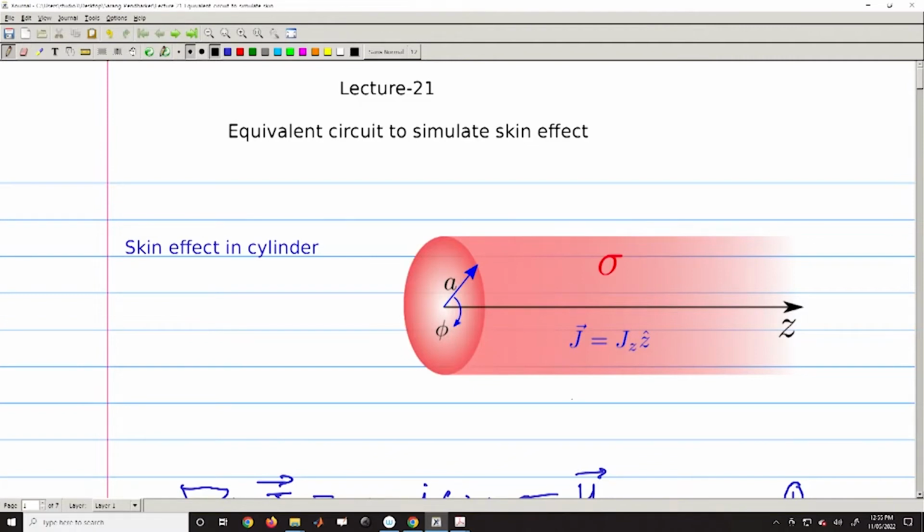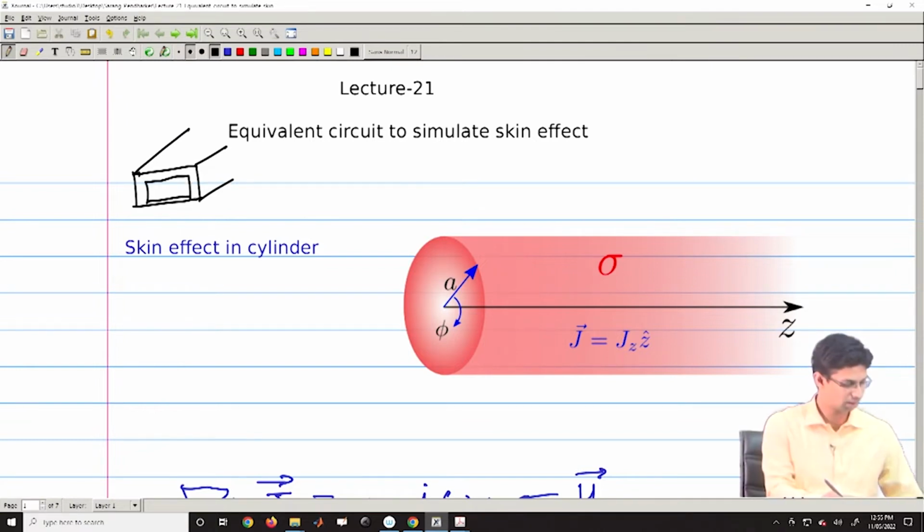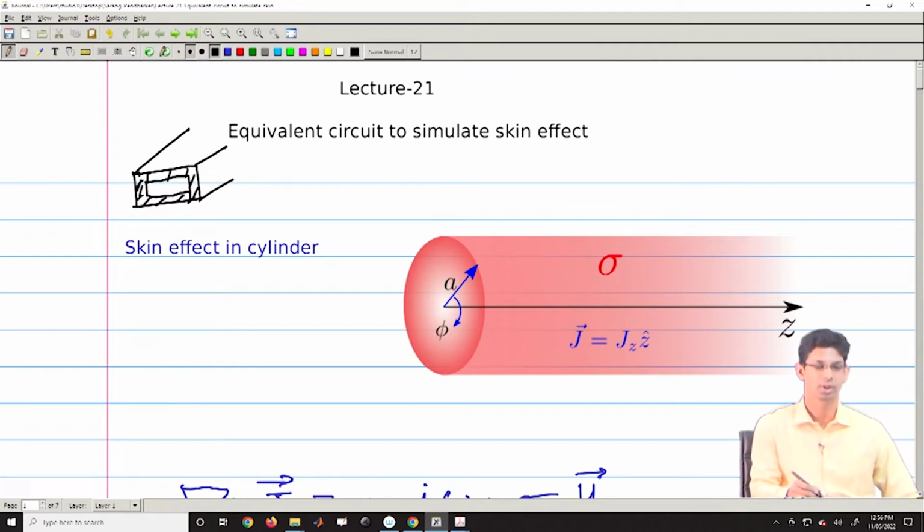So, in the previous lecture when we ended, we saw a cross sectional wire like this with a square section, and there we said that effectively I can say that only this part is available for me to conduct.